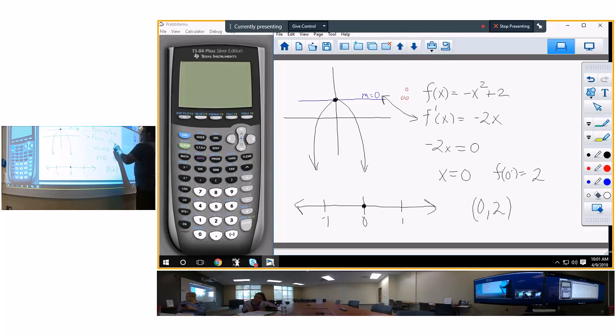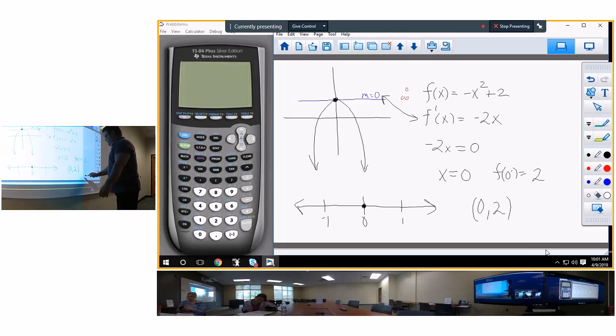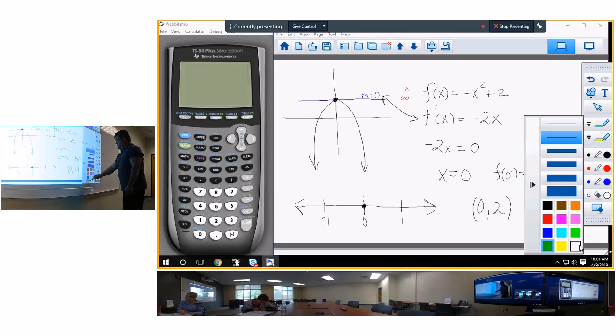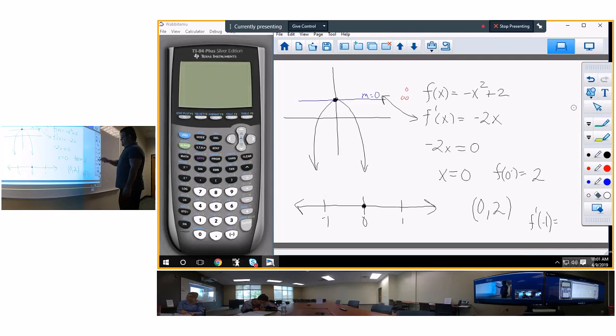What's negative 1? So I'm going to go down. F prime of negative 1 is equal to what? What's negative 1 times negative 2? 2. Okay, positive 2, right? So I'm going to put a positive 2 right here, and I'm going to circle that positive.